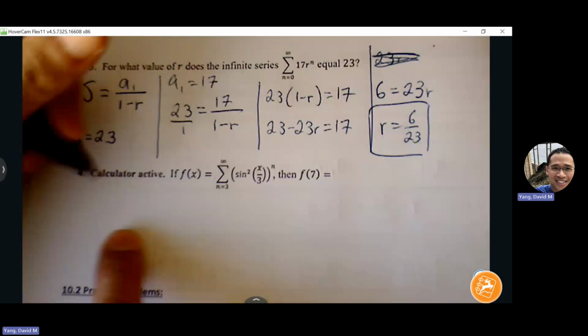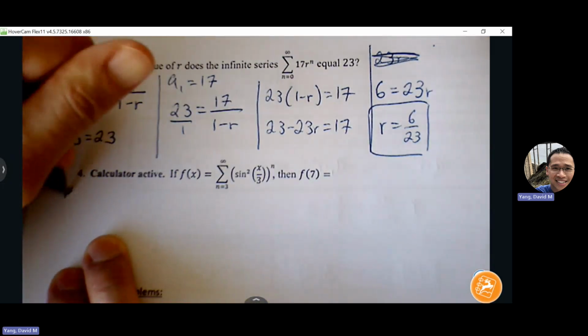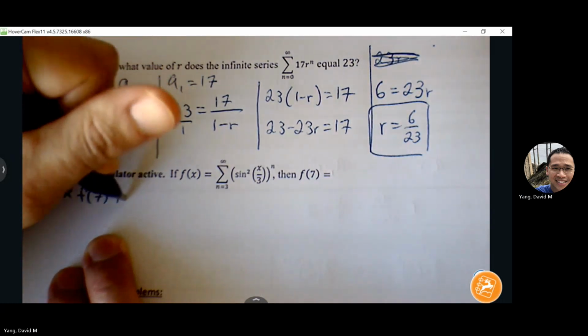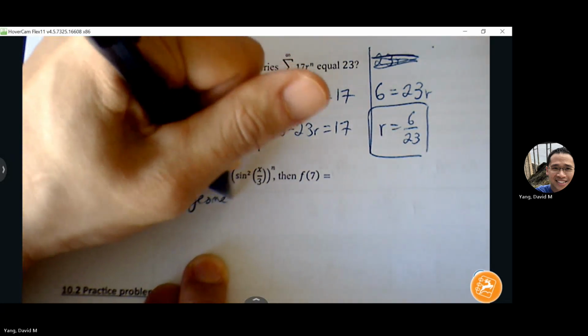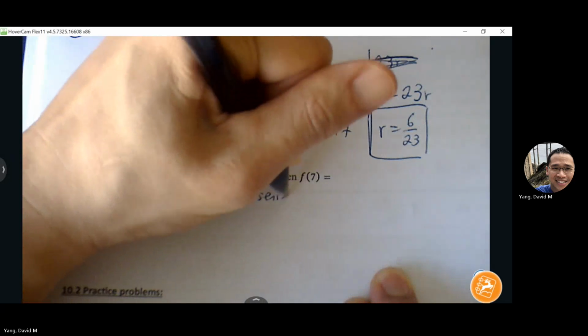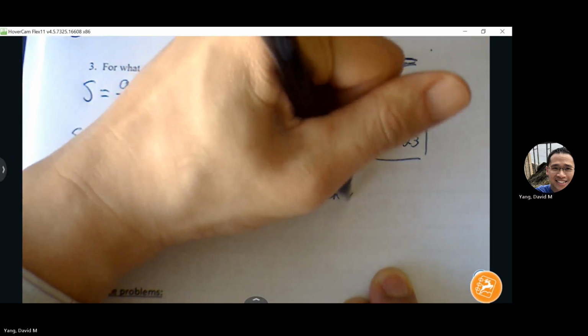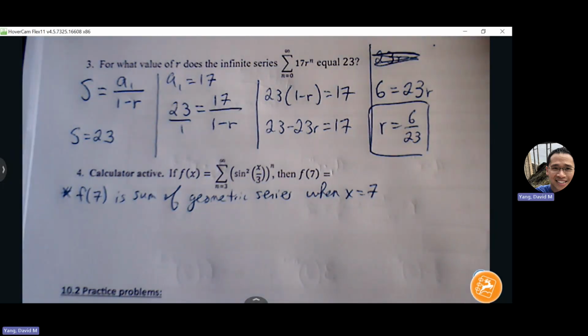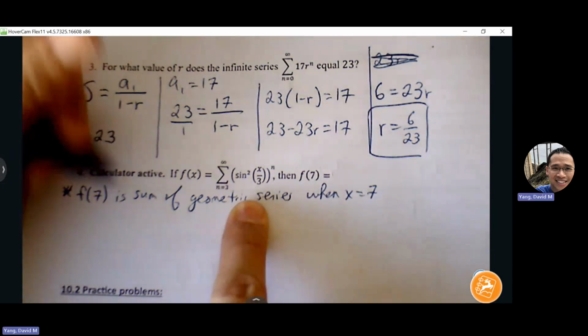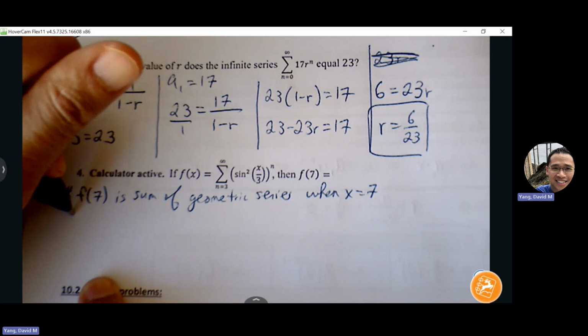So f of 7, first of all, we know f of 7 is the sum of this geometric series when x is equal to 7. It should be a 1. So let me write this a different way here. What if I wrote it this way?